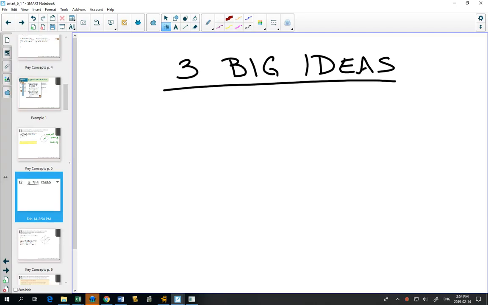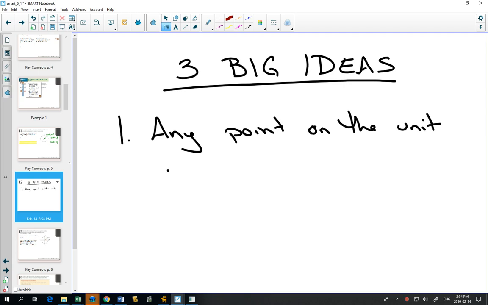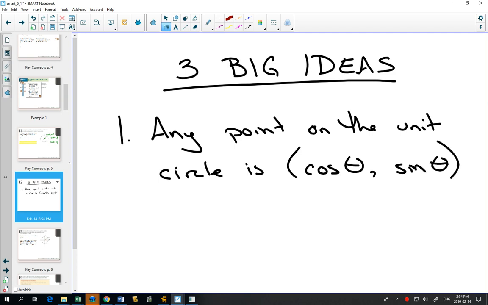And big idea number 1 we just figured out. Big idea number 1, any point, instead of writing as x comma y, we can now write it with trig, cos theta comma sine theta. This is our first big idea for this unit.